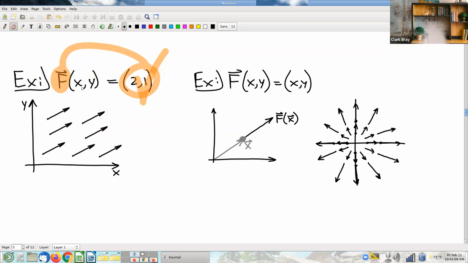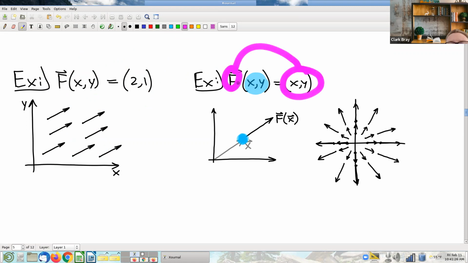Okie dokie. This next one is a little bit of a thinker. The input x comma y, keep in mind we think of the input as being a point. The output is also x comma y. But keep in mind, we always think of the outputs as being vectors, which of course we represent with arrows.